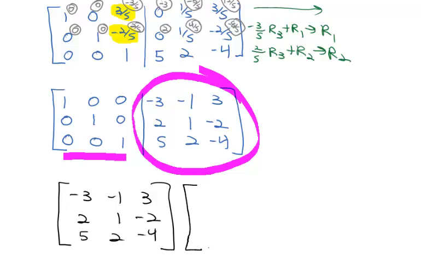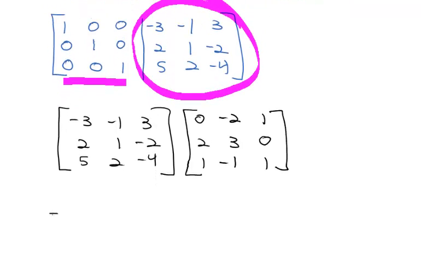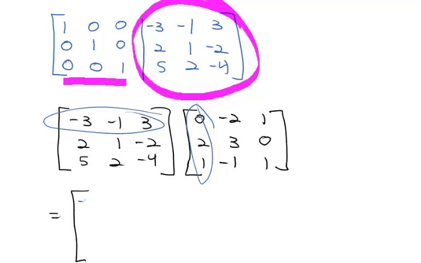And if you look up on your notes, you'll see that the original problem is 0, -2, 1, 2, 3, 0, and 1, -1, 1. So let's multiply this and see if we do, in fact, get the identity like we should. First row, first column, we've got -3 times 0 minus 1 times 2 plus 3 times 1.